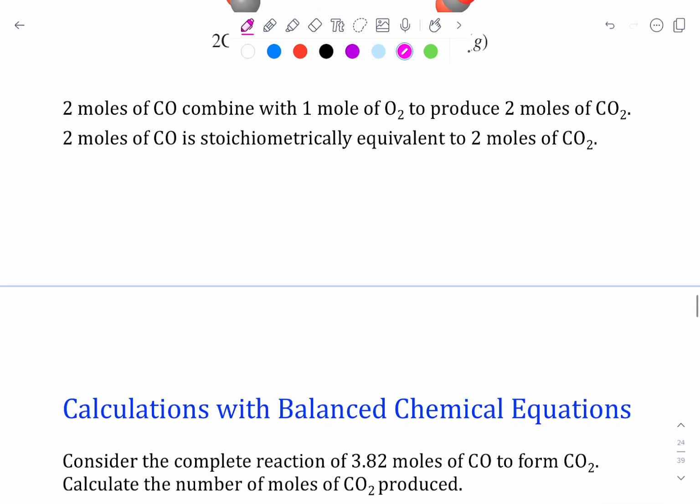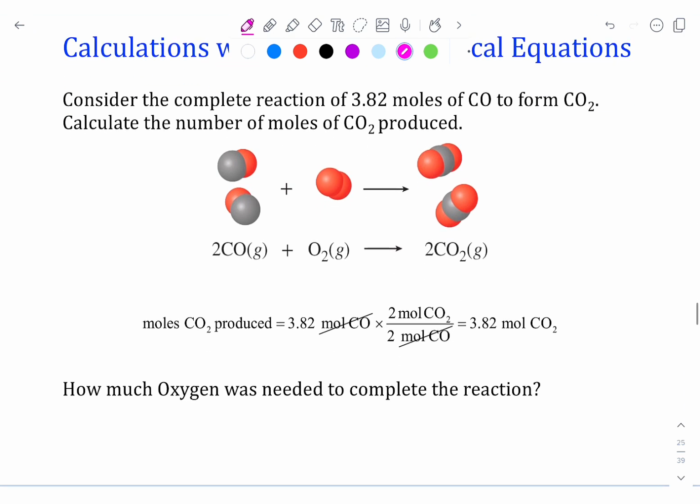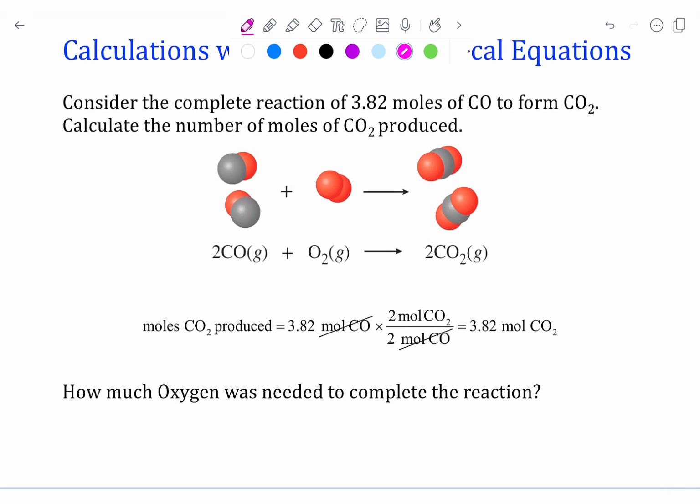So let's look at an example of that. Consider the complete reaction of 3.82 moles of carbon monoxide to form carbon dioxide. Let's calculate the number of moles of carbon dioxide produced. Well, if I start with 3.82 moles of carbon monoxide, I can use the ratio of my coefficients to convert between CO and CO2.